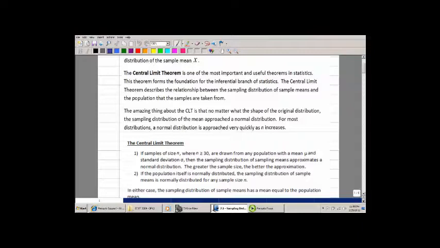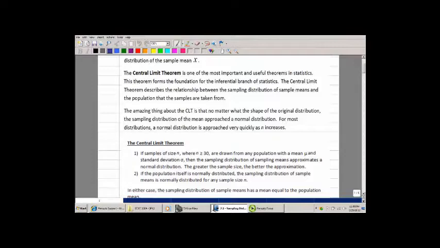So you would have a bunch of different variables that were averages of groups of 30 or more out of that population. And if you plotted those, they would approach a normal distribution. So that's where this theorem is really useful, how it can convert any distribution to a normal distribution as long as you choose a large enough sample size.